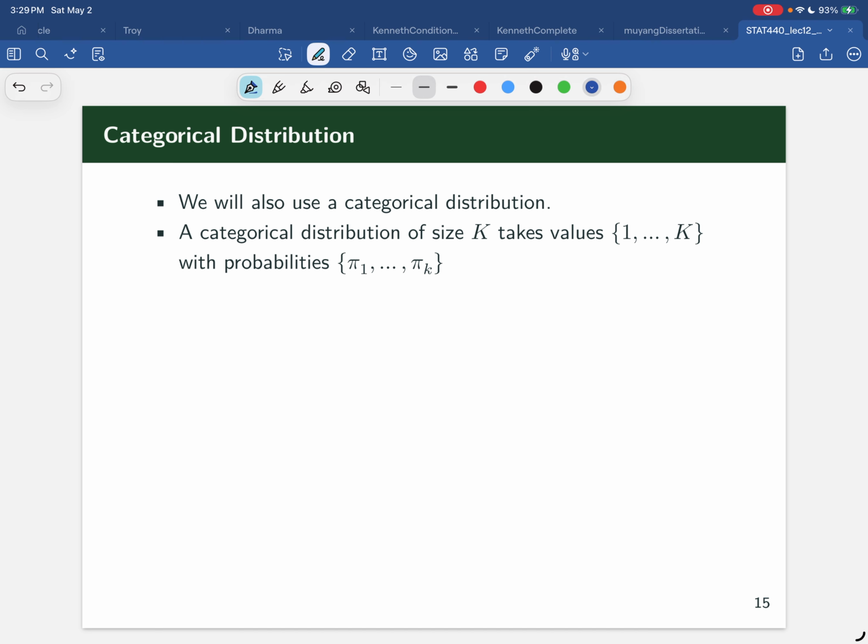So the way I'm going to think of it is we're going to think of Z being distributed, we're going to just call it categorical pi. And I've underlined my pi there because it's really a vector of pi's. We could think of it as categorical pi 1, pi 2, up through pi k.